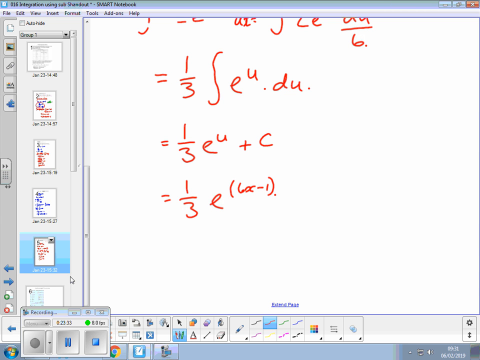And now we need to say that's 1/3 times e to the 6x minus 1 between the limits of 0 and 1.